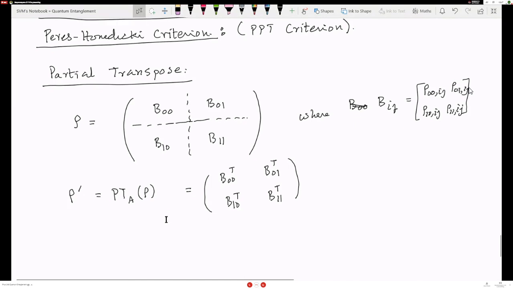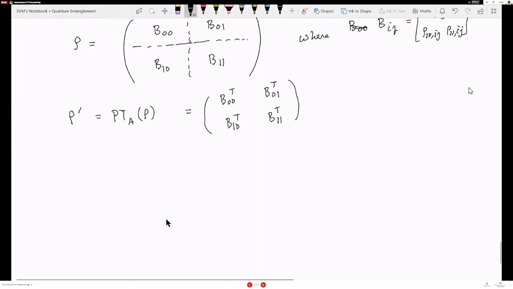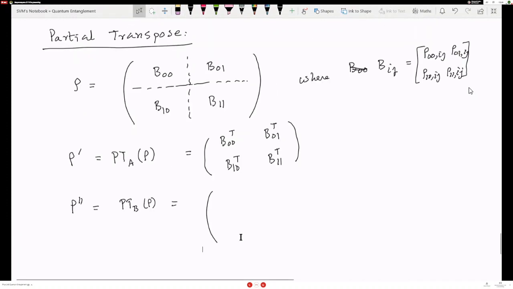This is partial transpose over A. On the other hand, you can also take partial transpose over B of this rho, which is essentially a block-wise transpose. So I'm going to have B00 and B10, B01 and B11.